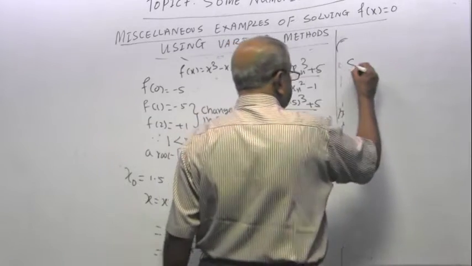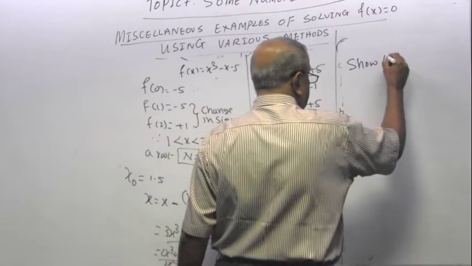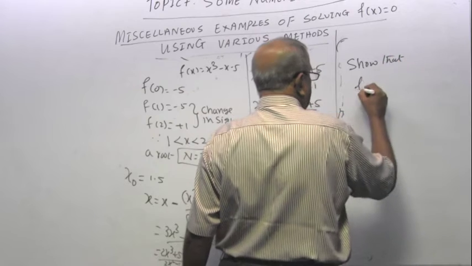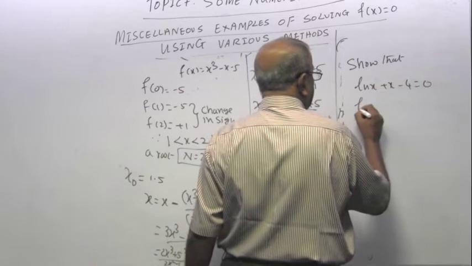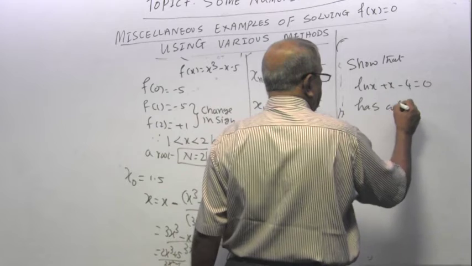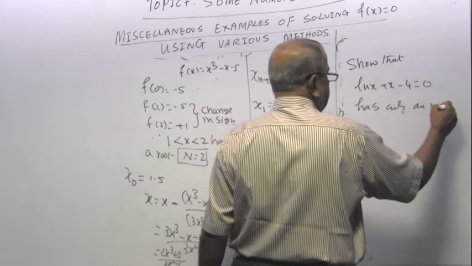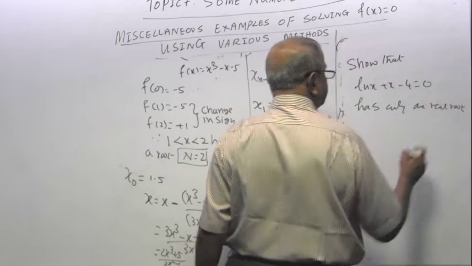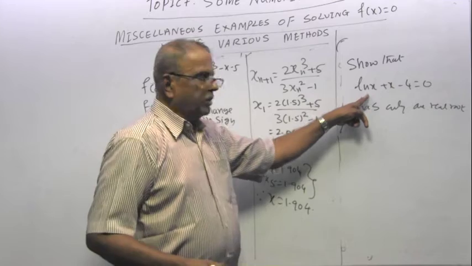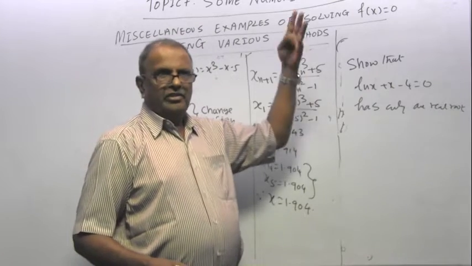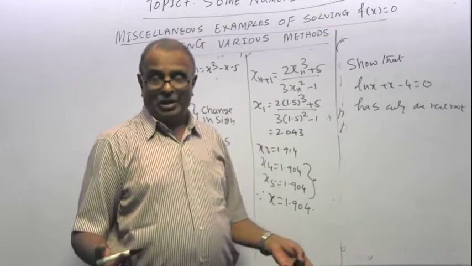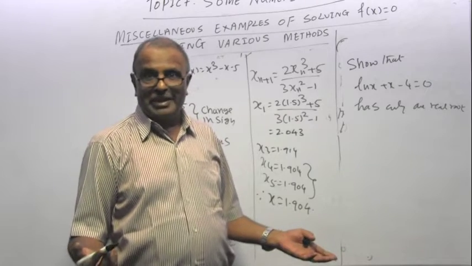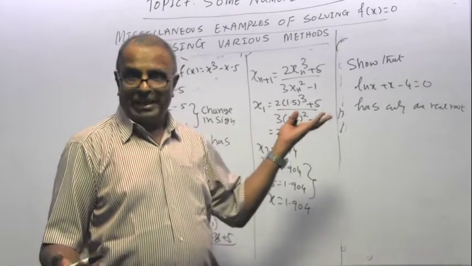Show that ln x plus x minus 4 equal to 0 has only one real root. Look, ln x gives you 1 over x, gives you 1. So you get x equal to minus 1, no solution because you cannot have log of minus 1.